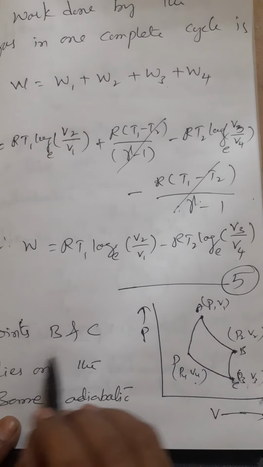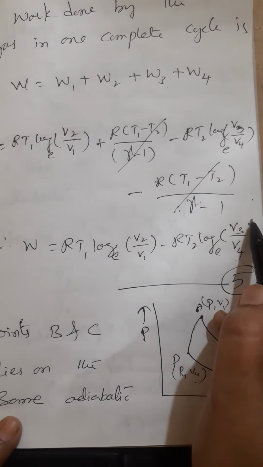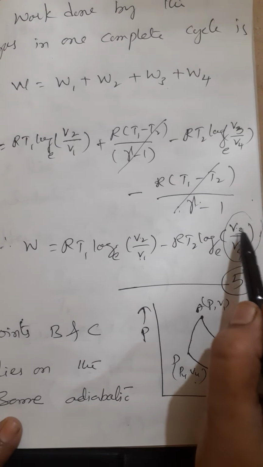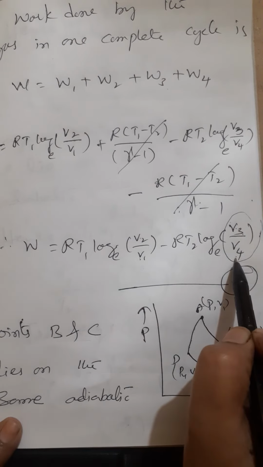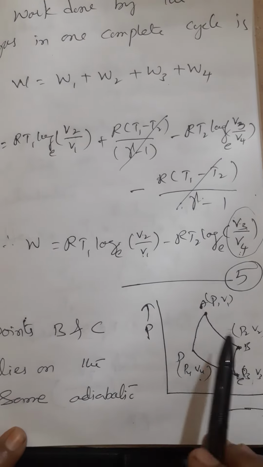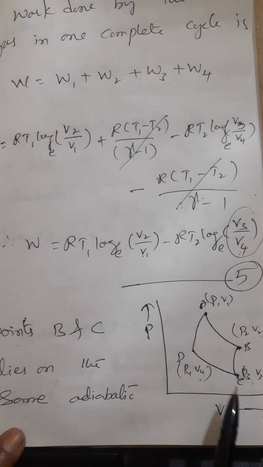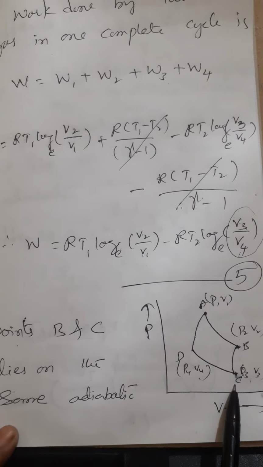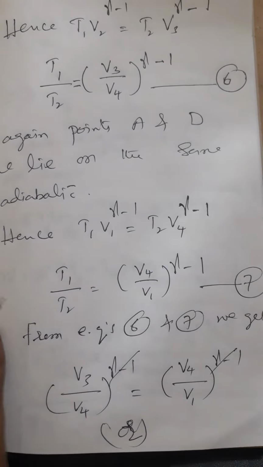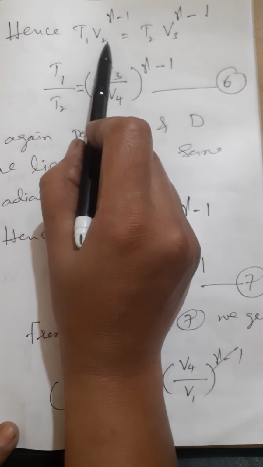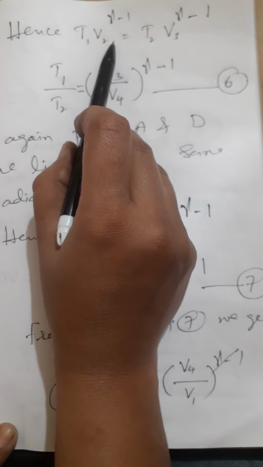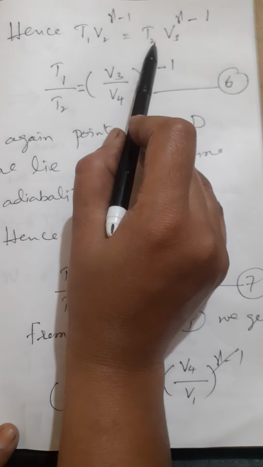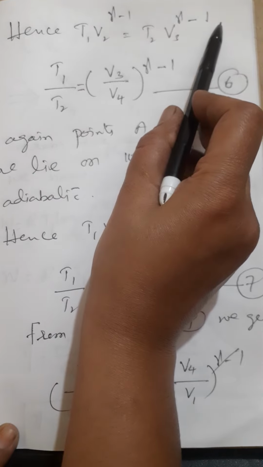For simplification, we have to make V3 by V4 also equal to V2 by V1. For that purpose, see that points B and C lie on the same adiabatic. So we can write, in terms of temperature and volume, the adiabatic equation T1 V2 to the power of gamma minus 1 is equal to T2 V3 to the power of gamma minus 1.